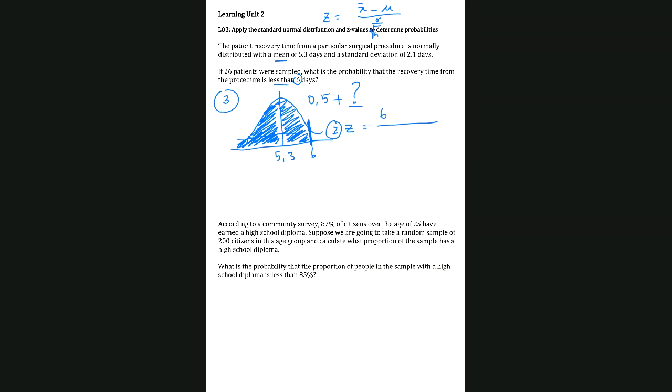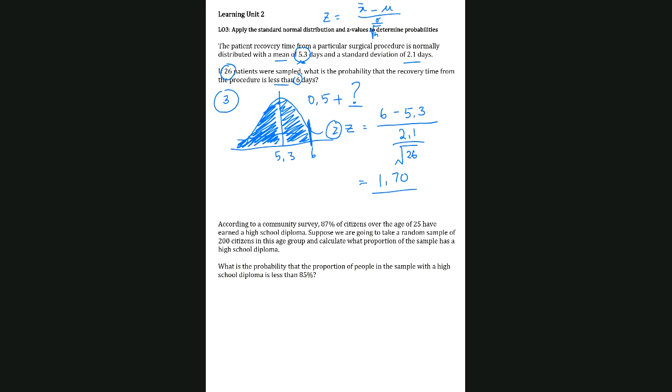Your mu was a value of 5.3. Your standard deviation was 2.1. And your n value was 26, since they sampled 26 people. So this would give you a Z value of 1.70. This is step 2, which you would then now take.